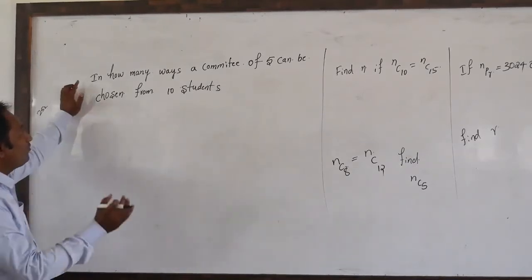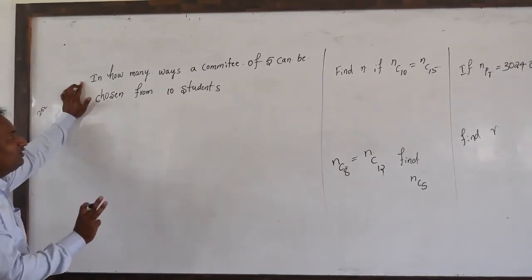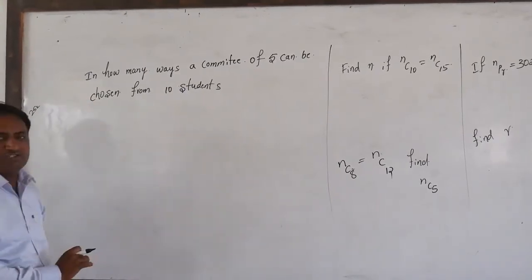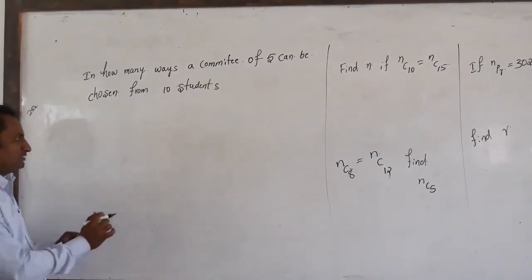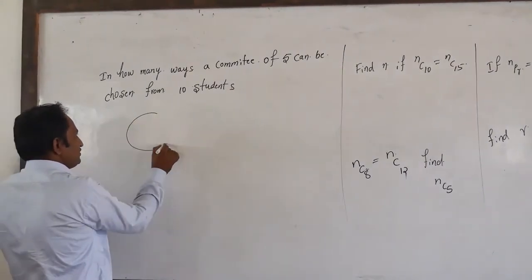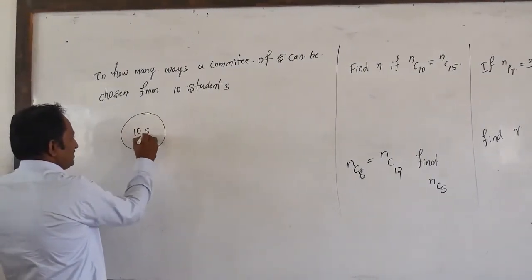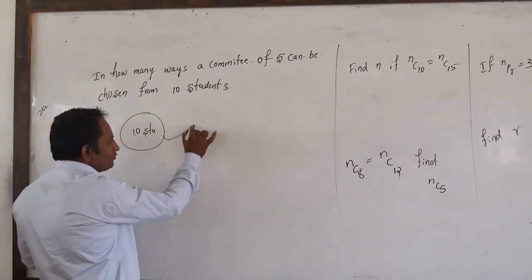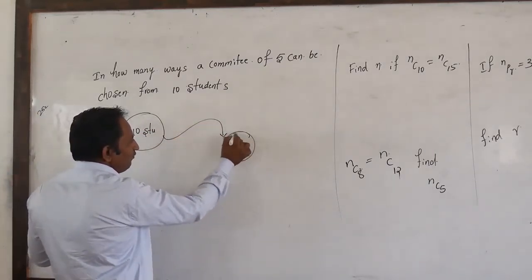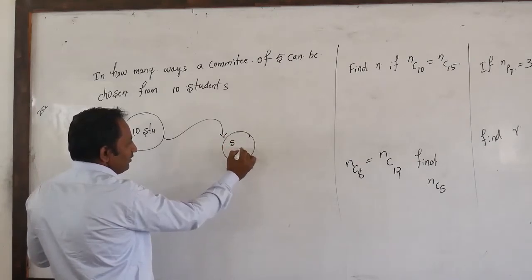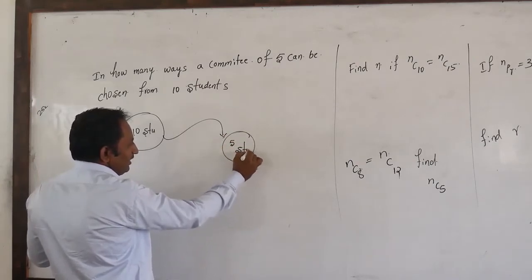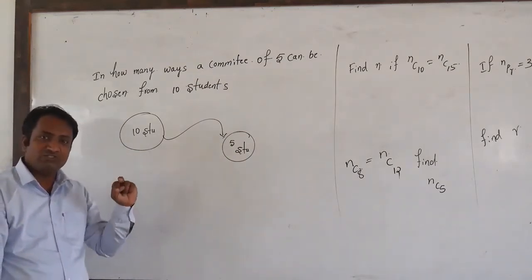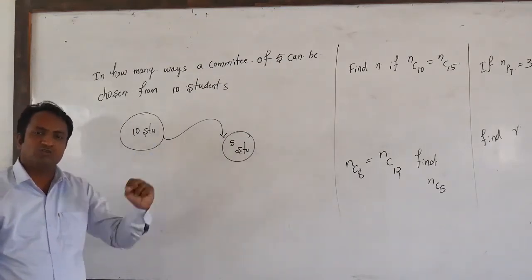Here there are 10 students, and out of them we choose 5. How many ways can we choose 5 students out of 10 students?